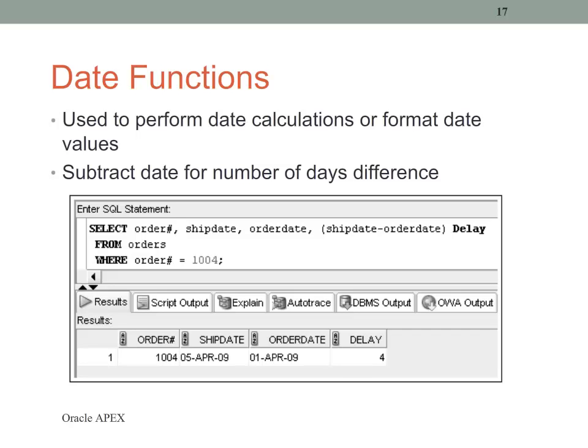A DBA can adjust the date format in the configuration files of the database. Interestingly, Oracle supports date ranges that go from January 1st, 4712 BC to December 31st, 9999 AD.